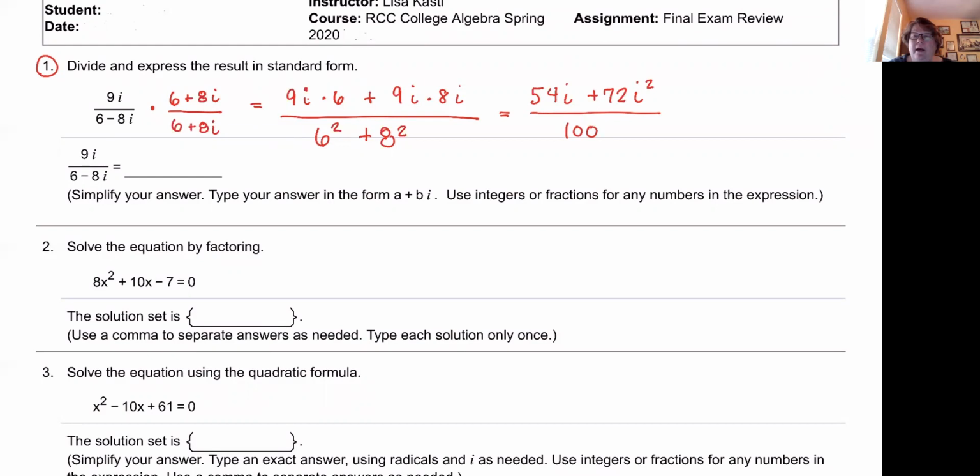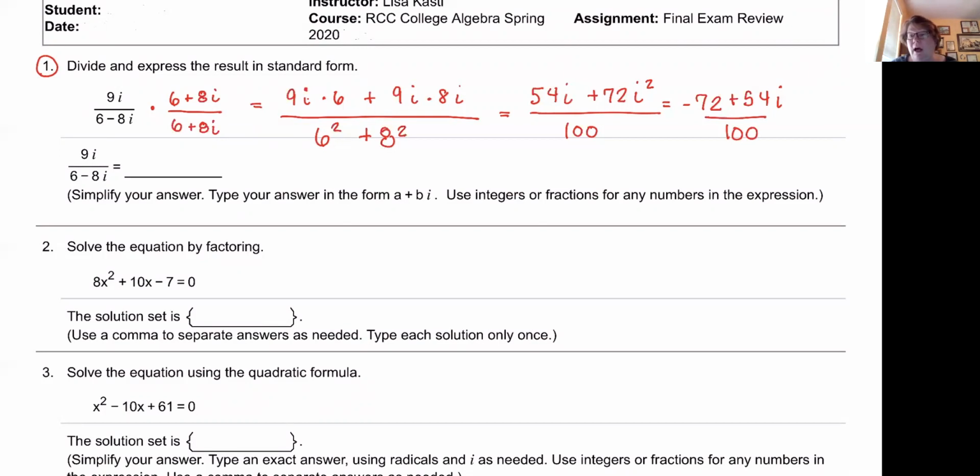So I have now 72i squared is going to be -72 plus 54i over 100. And my math lab is not going to accept this as a correct answer.